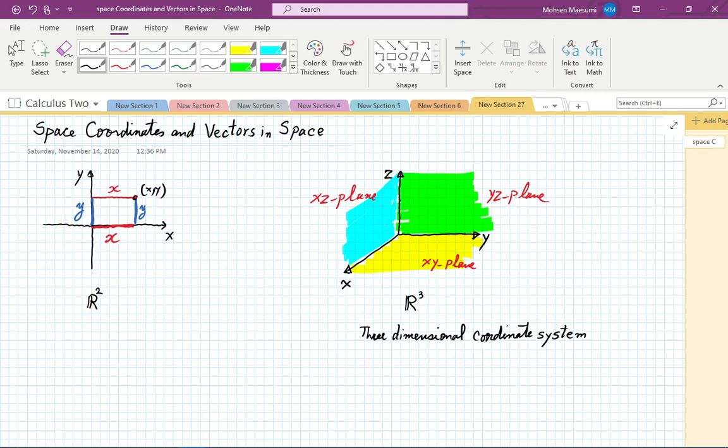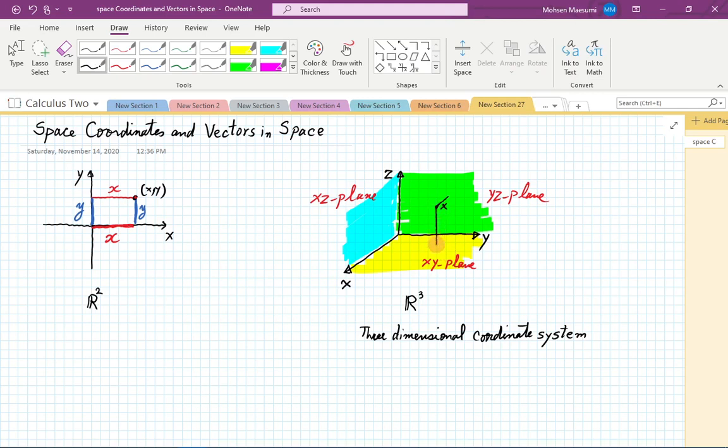Well, how is that going to go in the xyz coordinate system? If I consider a point here, then its distance from the YZ plane will be the x coordinate. So if I go from this point back to the green wall, that's going to be my x. If I come to the yellow floor or wall, what would that distance be?